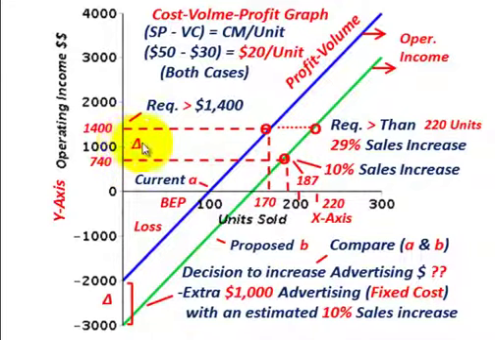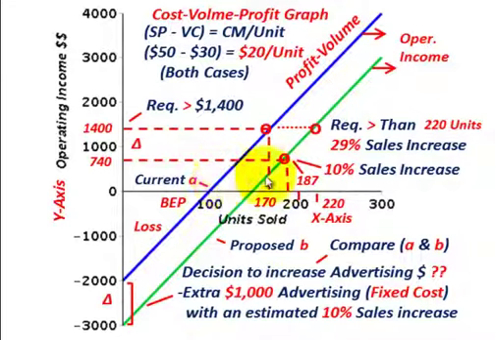In this case, we definitely didn't want to spend the extra $1,000, because it's actually reducing our operating income. We increased our fixed cost, and we had to recover that fixed cost before we could generate any income. So all we really did with this fixed cost is shift this line across here.